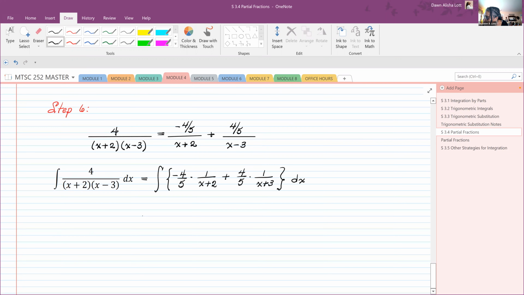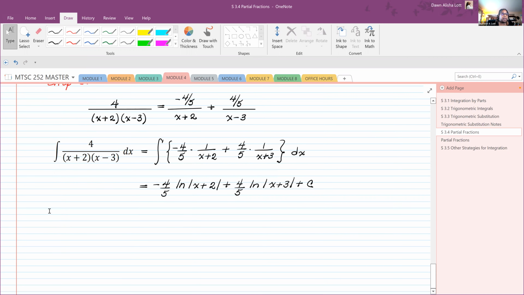All righty. This is -4/5 the log of the absolute value of x plus 2, plus 4/5 the log of the absolute value of x minus 3, plus a constant.